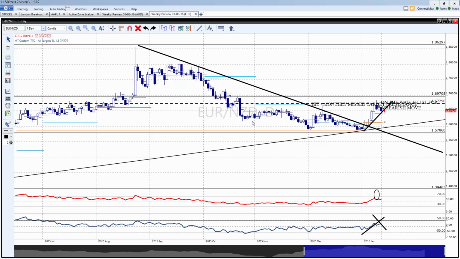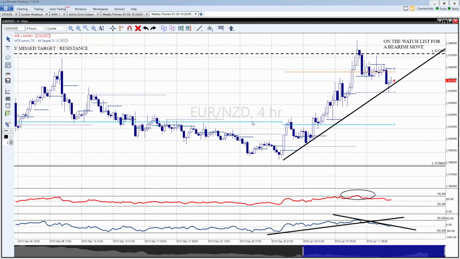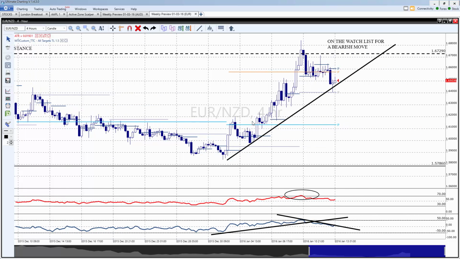Let's go down to 4 hour. The candlestick pattern is not that great here. If it's a channel, it's bouncing off the lower channel.